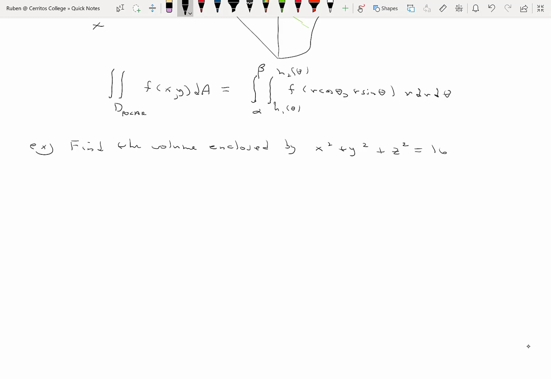But the volume is going to be enclosed within another cylinder, but not a circular cylinder. In fact, well, it may be a circular cylinder, but there's a little difference going on here. Within the cylinder, r equals 4 sine theta.